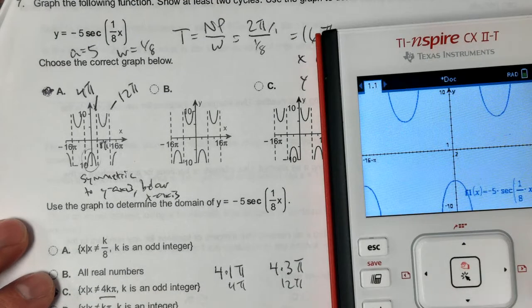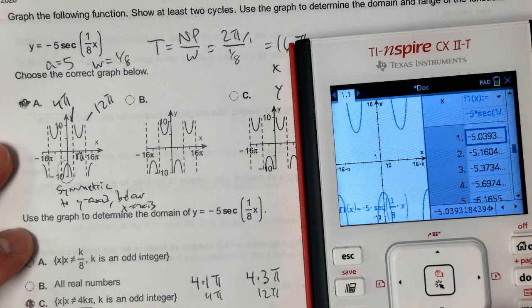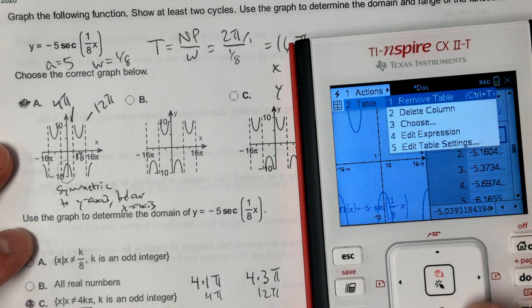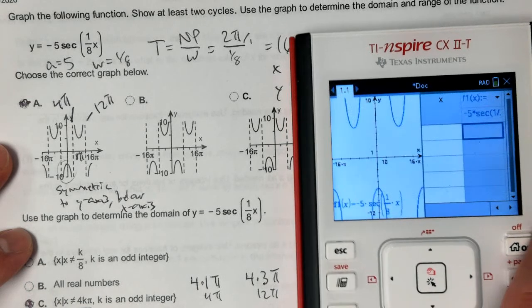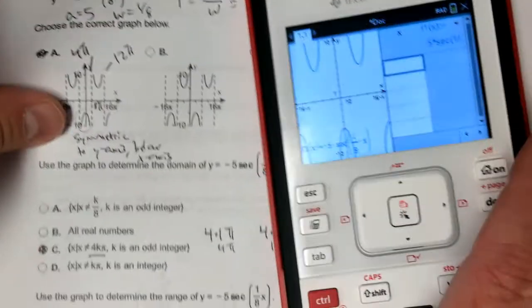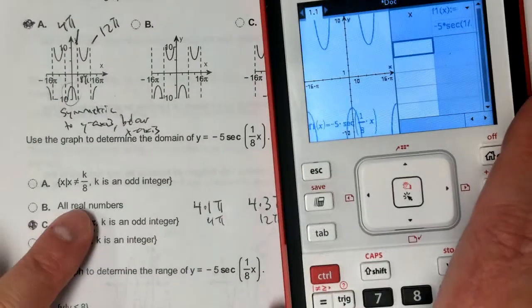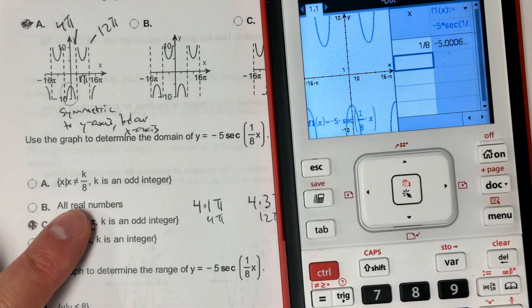If you'd rather just go to your table, you can. I just think it's a little slower. So go to your window, table, settings, change to ask, and then I'll just put 1/8 and get a number. So I get a number there.